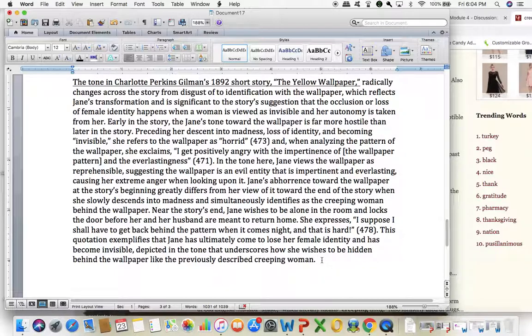And that change in tone is reflective of this larger interpretation of the text itself, of Jane being at war with her own autonomy, and ultimately, arguably, she loses that battle, loses her autonomy, and becomes the creeping woman behind the wallpaper.